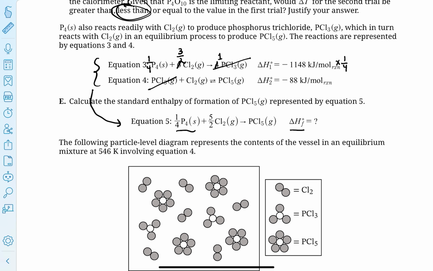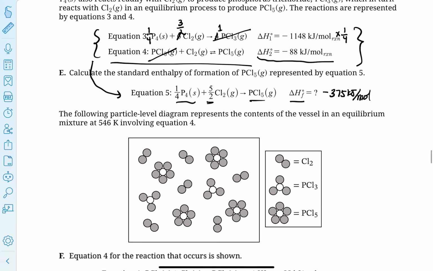And when you add up the rest, I will get 1/4 P4, 3/2 plus 1 chlorine will give me 5/2 chlorine, and then 1 PCl5, that's my product. So I don't have to change, by the way, this delta H. So if you add these up, I will get negative 375 kilojoules per mole. Okay, that's how we do this Hess's law problem or standard enthalpy problem.